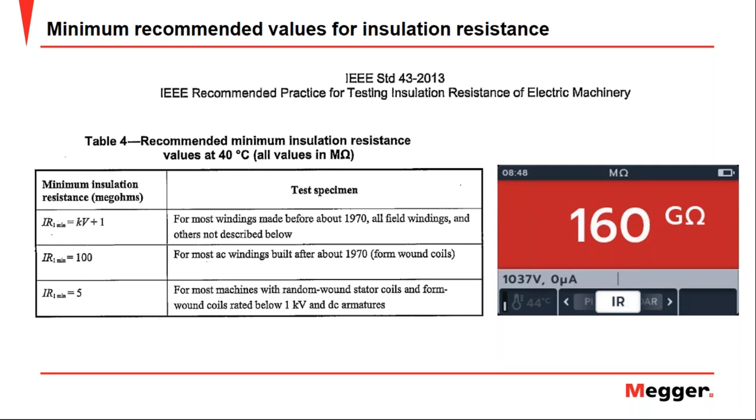But once again, if the OEM tells you what the minimum insulation resistance value should be, and it is not the same or not even close to those seen in this table, you have to take into account what is indicated by the manufacturer.